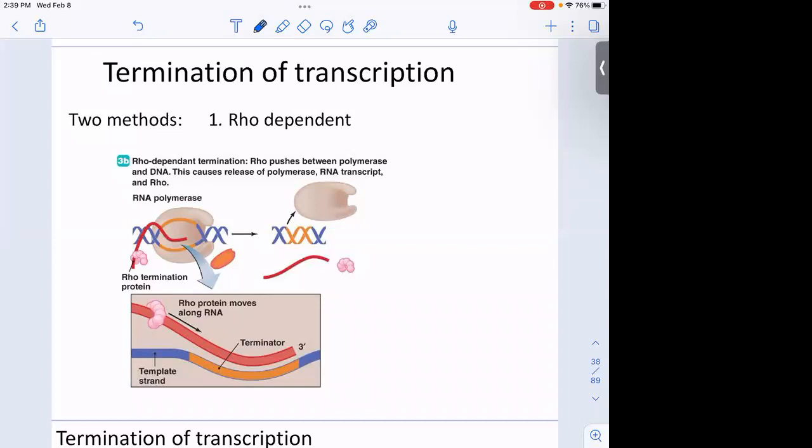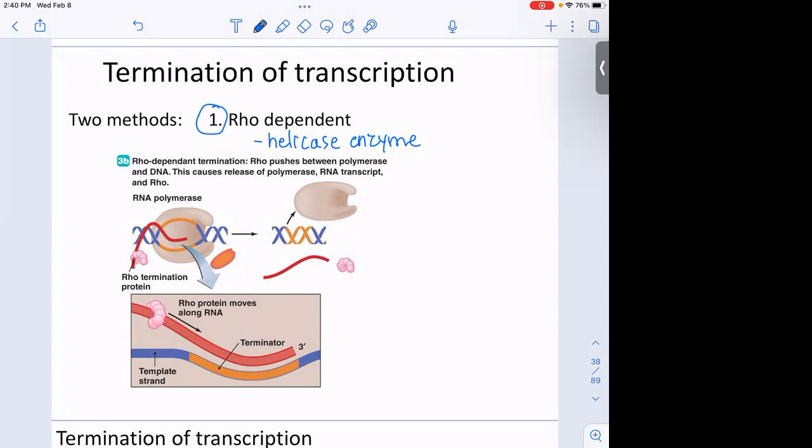So kind of an overview of these two different methods. One method involves this protein called Rho, so we call it Rho dependent. Rho is a helicase enzyme. So remember what helicases do? They unzip, they separate two strands of DNA.